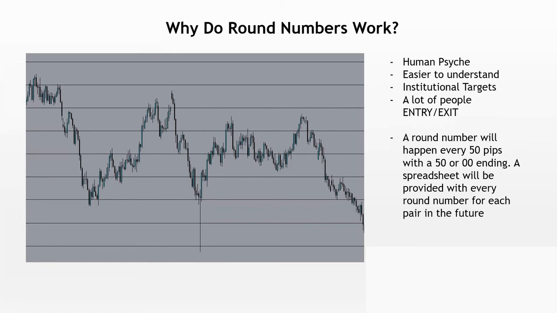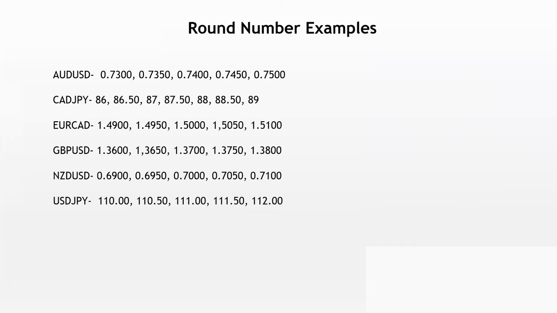So what I'm going to do, guys, I'm going to assume that everyone's happy. Okay? So let's go on to there. RT said straightforward info. Darius has said it's so simple it might just work. Exactly that, Darius. So round number examples, guys. Australian dollar, US dollar, 0.73, 0.7350, 0.74.